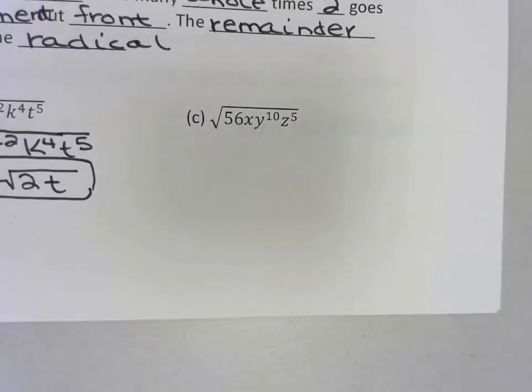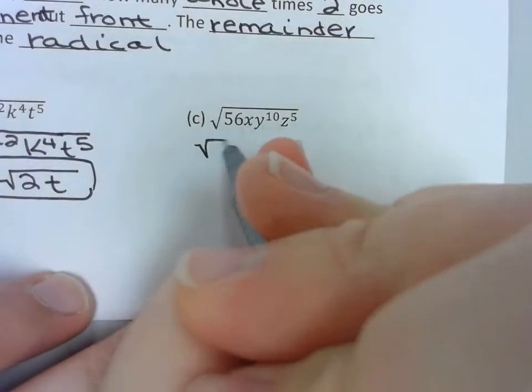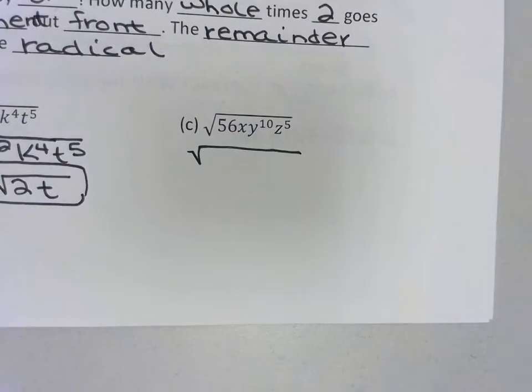Okay, let's look at C. So square root of 56, x, y to the 10th, z to the 5th. As I look at my coefficient, 56, I want the biggest perfect square that goes into 56. As I look through my perfect squares, what is the biggest perfect square that goes into 56?